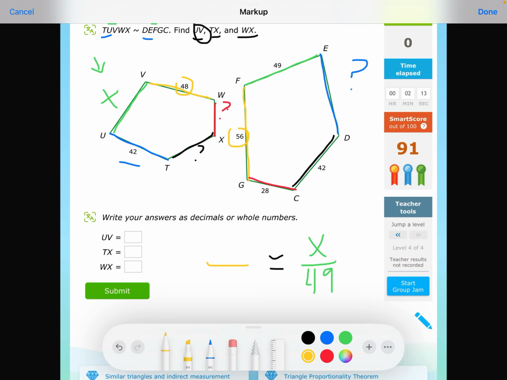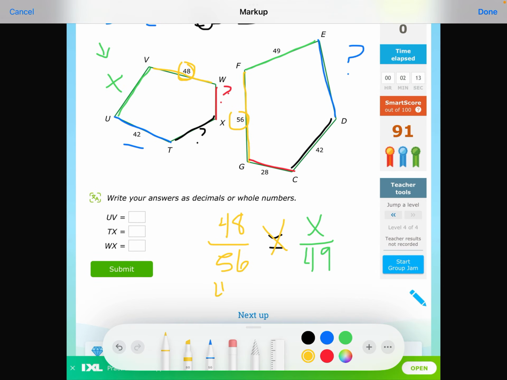Remember that this X came from the shape on the left, so I'm going to use that shape's number to also go on top over here. And put the other number over here. Okay? And now that you have it set up, you just cross multiply and solve. So how do I get X? I cross multiply.